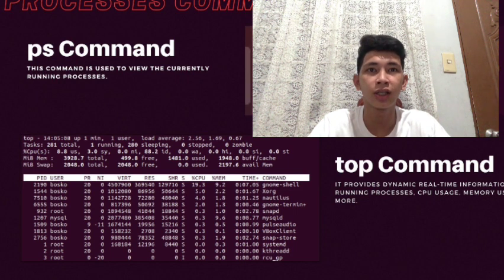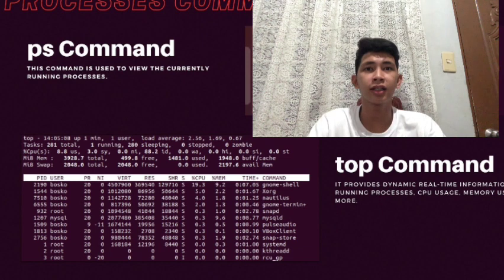SY stands for the percent of the CPU being used for system processes. NI stands for the percent of time the CPU is being used by nice, low priority processes. Niceness indicates the priority of the Linux process.